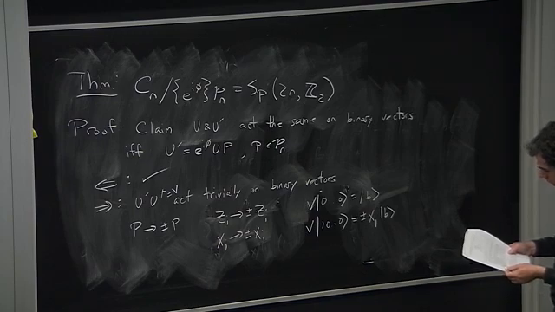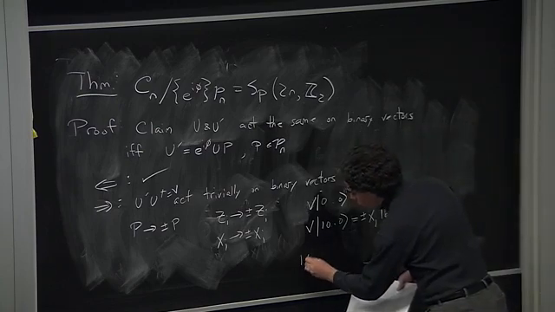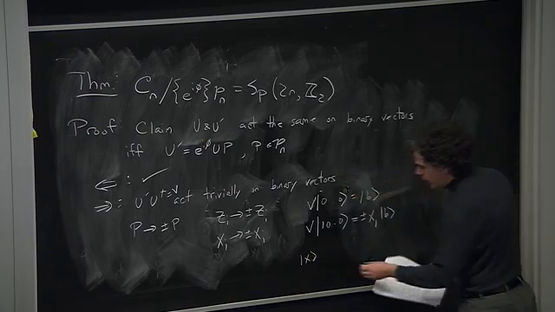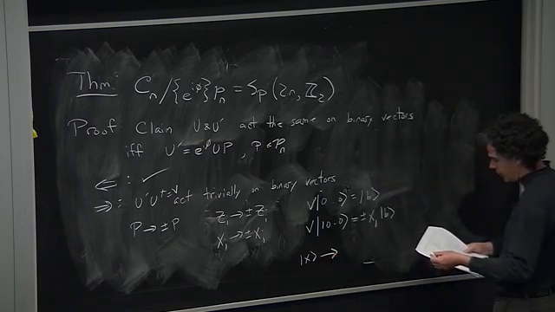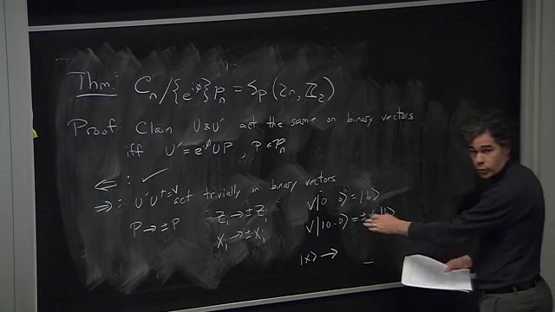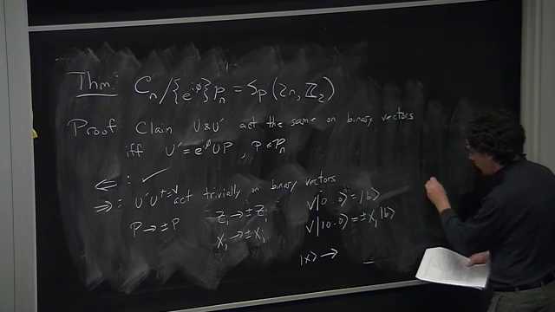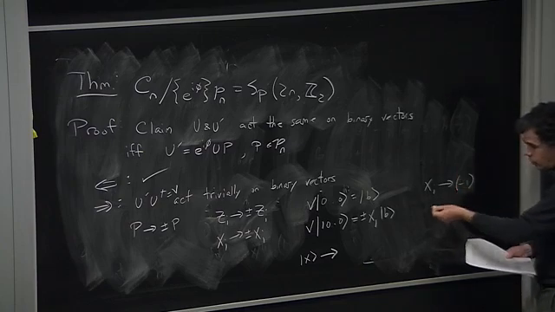Let's see. So more generally, we have to be a little bit more careful. So we can say that the state x is going to map to x1 gives us one sign, plus or minus 1, which is going to be some value, and then x2 will give us some other sign.